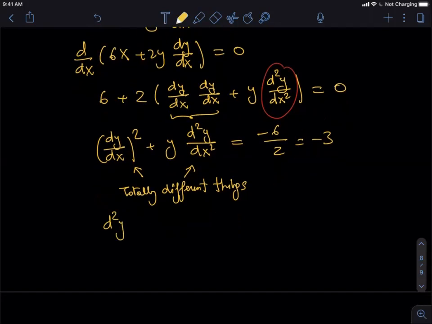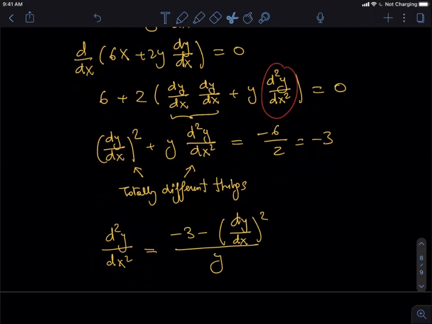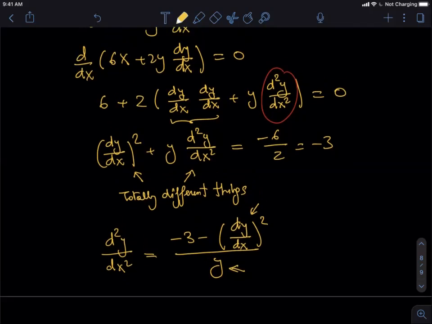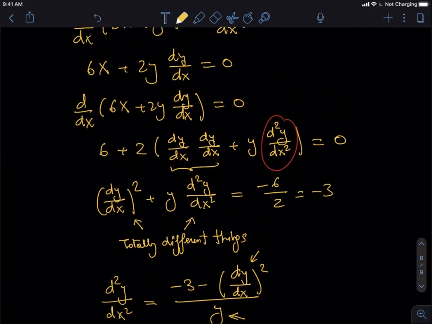From there, we can just write the second derivative. This is negative 3 minus dy dx squared, and then divide by y. And that's it. Is it? Well, here now we have y and we have dy dx, but we may think, what else can we do?